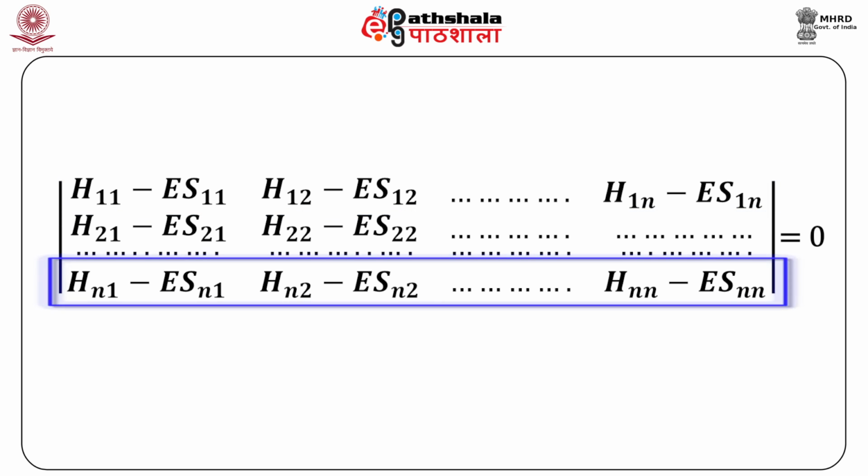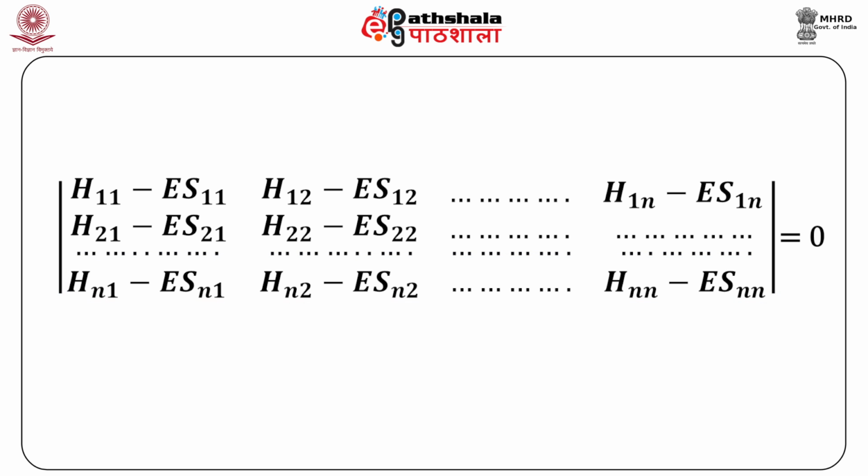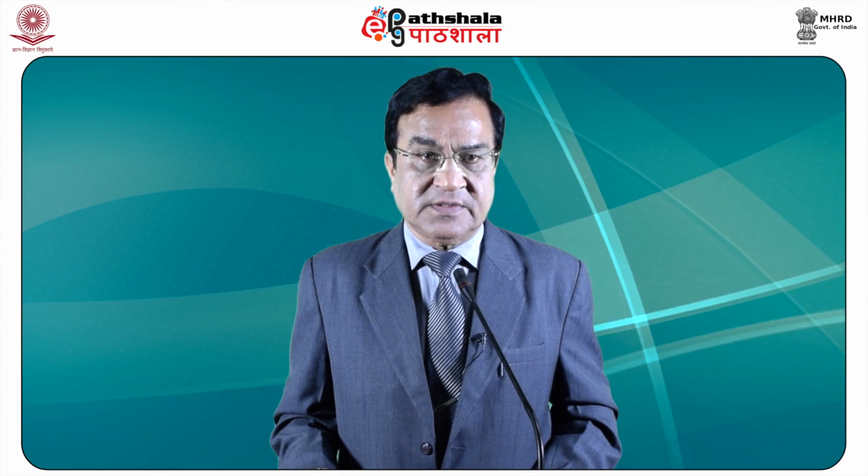And then the last row would be, as you can see here, Hn1 minus E Sn1, up to Hnn minus E Snn. And this secular determinant should be equal to 0. One can get the corresponding approximate energies.